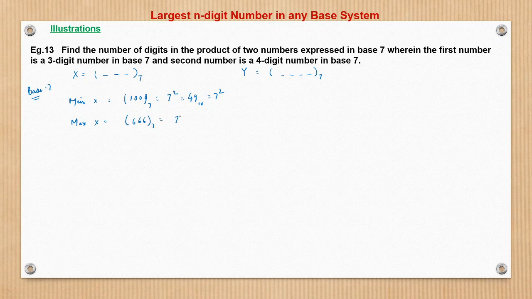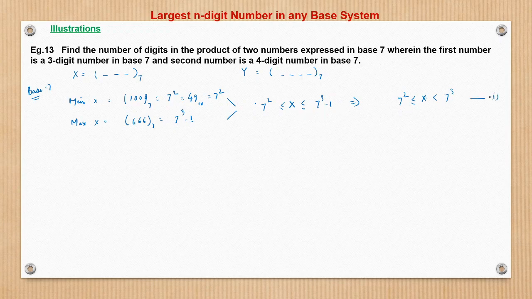This is nothing but 7 cube minus 1, right? So x is between 7 square and 7 cube minus 1, which I can simplify as x is greater than or equal to 7 square and less than 7 cube.